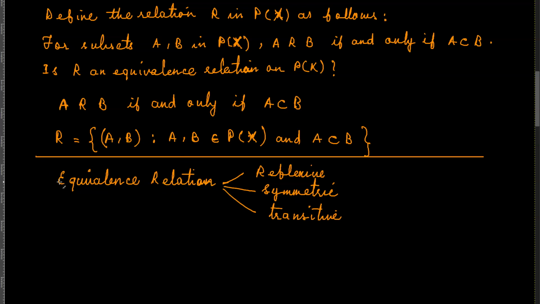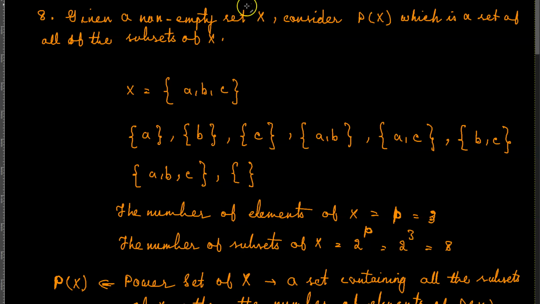So how can we, let's start with the symmetric. Here we are saying that A is related to B if and only if A is a subset of B. And A and B are these sets in P of X, and X was, as we discussed before, a non-empty set X, and P of X is the power set of X, right?